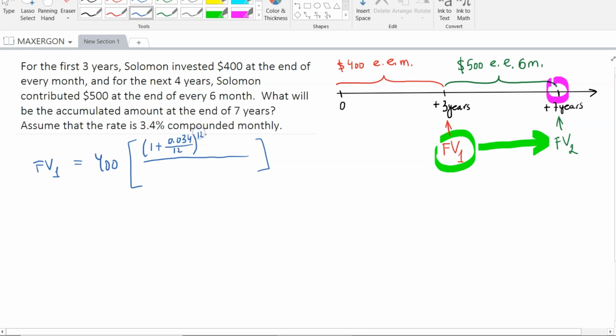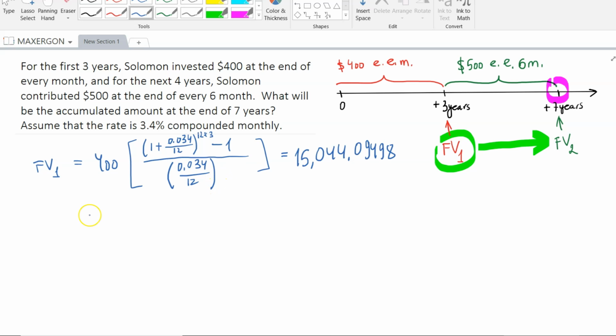Number of payments is 12 times 3, because there are 3 years in that red annuity period, minus 1, and divided by the periodic rate, 0.034 divided by 12. Computing for future value 1 gives us the following result: 15,044.09498. We do not round this value because we are not done yet with our solution.